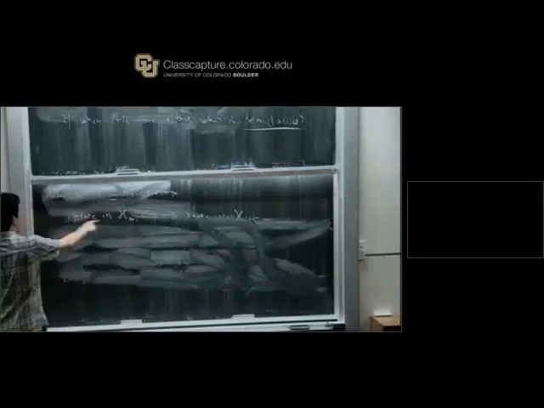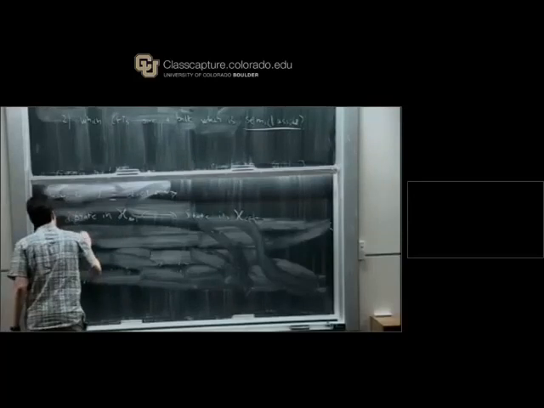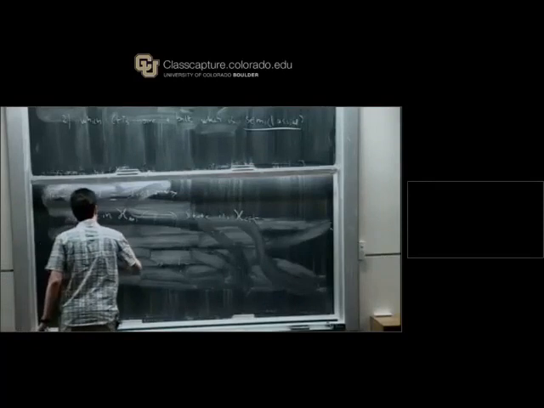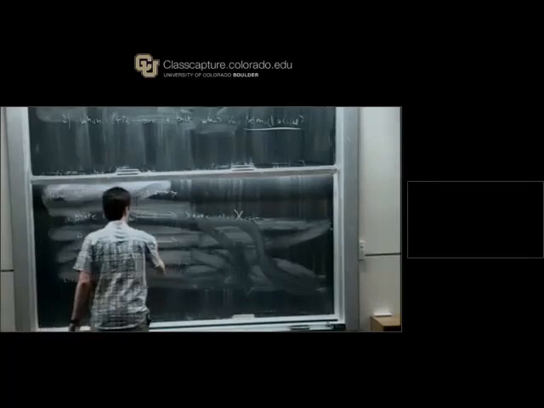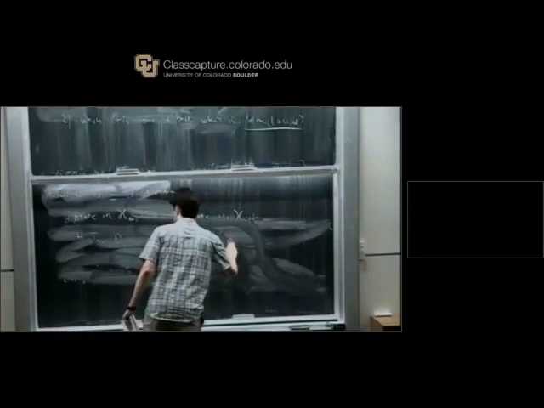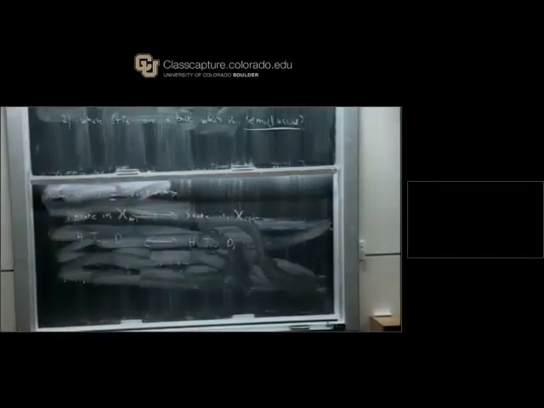But not only are the states in one-to-one correspondence, but the symmetries are in one-to-one correspondence. So these generators are in one-to-one correspondence. So for example, the spectrum of the Hamiltonian is the same on both sides.